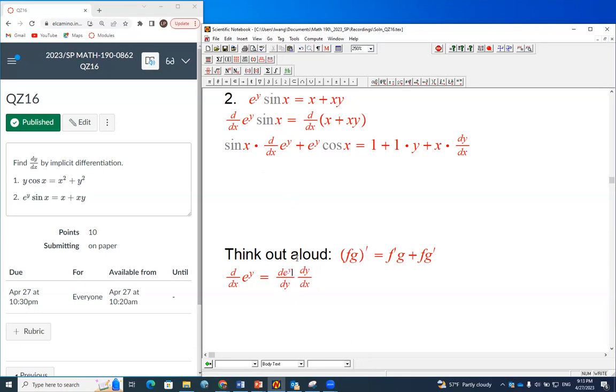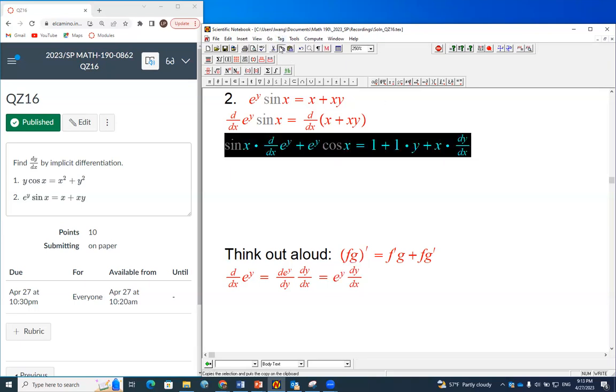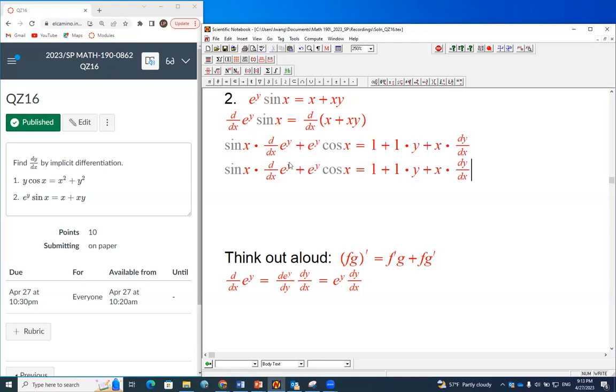Divide by dy, multiply dy. The derivative of e to the power y with respect to y is e to the power y. And then multiply dy dx. You can put this piece right here, replacing it. So this entire row, that piece is replaced by this guy. Boom.